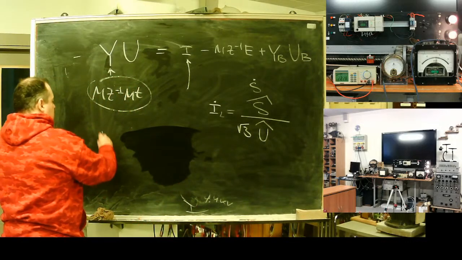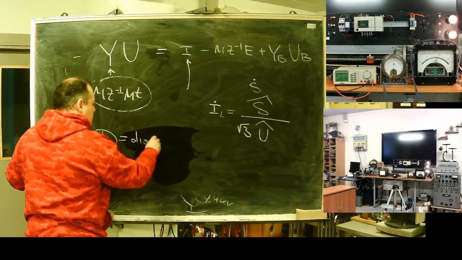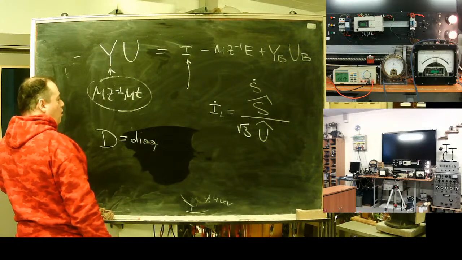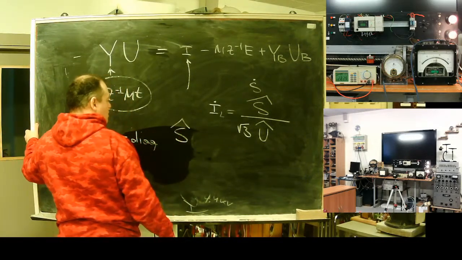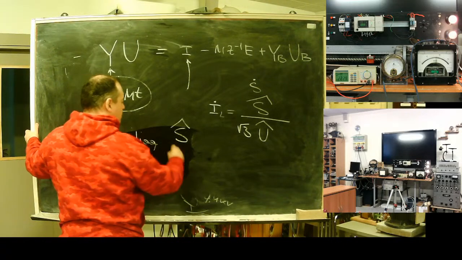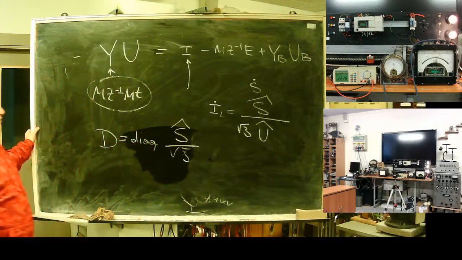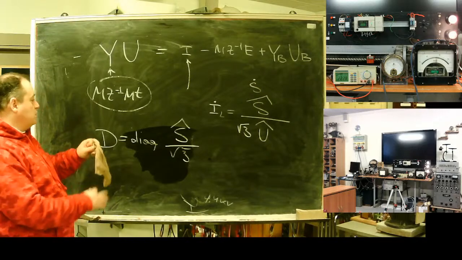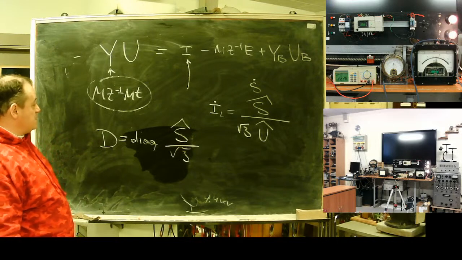We can define D matrix being diagonal of conjugate power divided by square root of 3. It's just for good notation. We can define this D matrix.